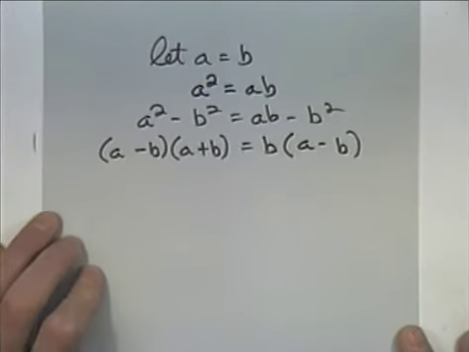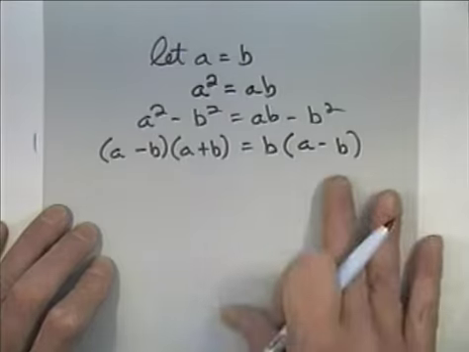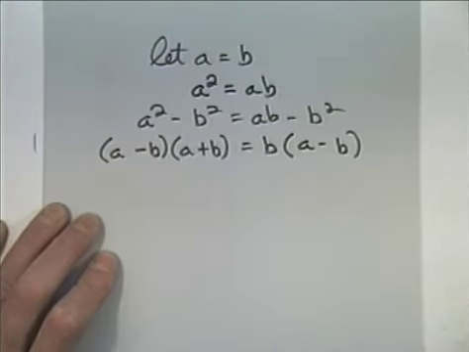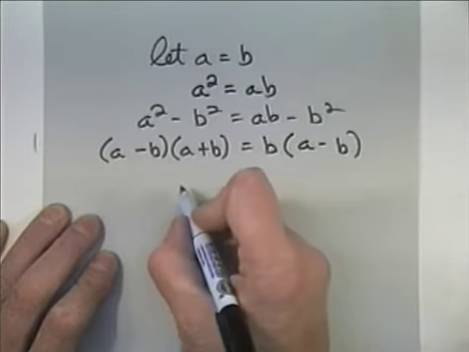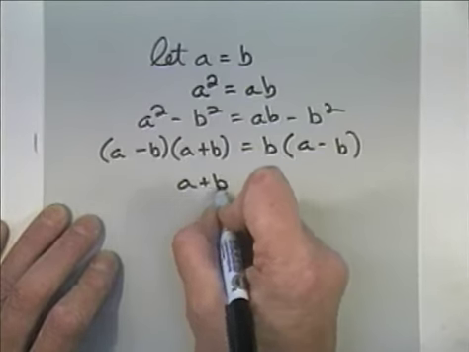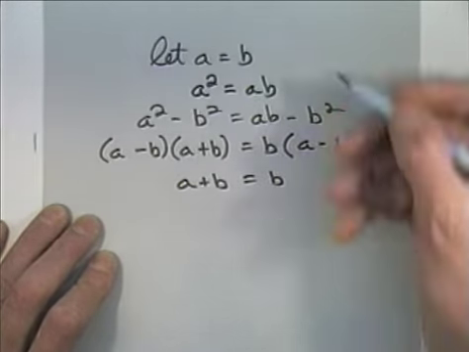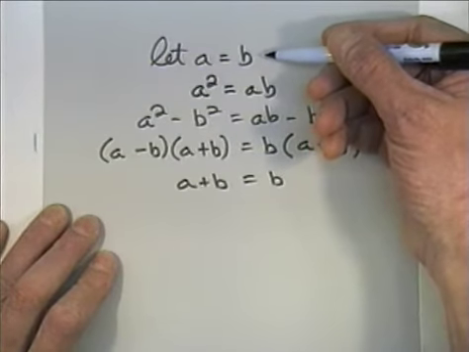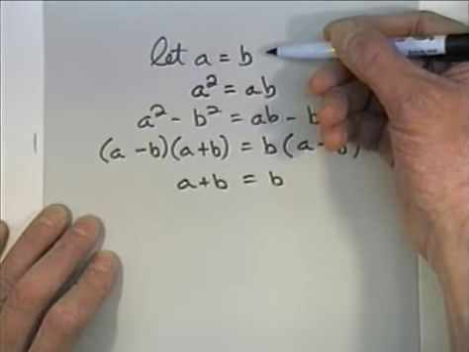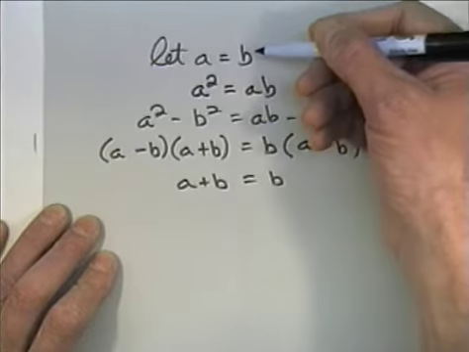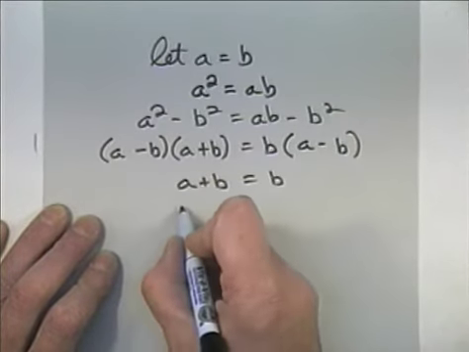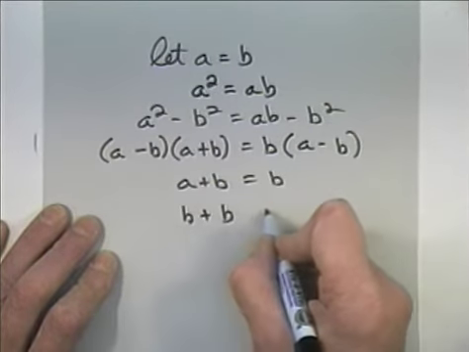In the next step, we're going to divide both sides. We've got a common factor on those 2 sides. We're going to divide both sides by the same thing. And so that leaves us with A plus B equals B. Okay? Now we're going to use the fact we began with, namely that A equals B, and we're going to substitute B for A where it occurs here.